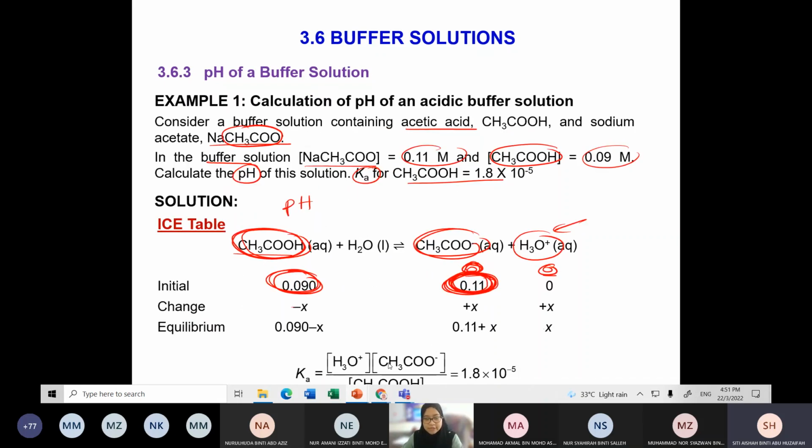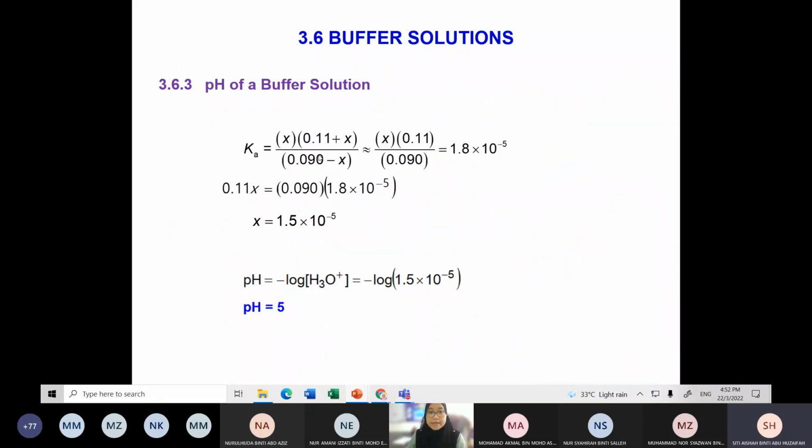This is the Ka expression, and this is the Ka value given from the question. We get this Ka expression from the equation of the weak acid here, and then find x.